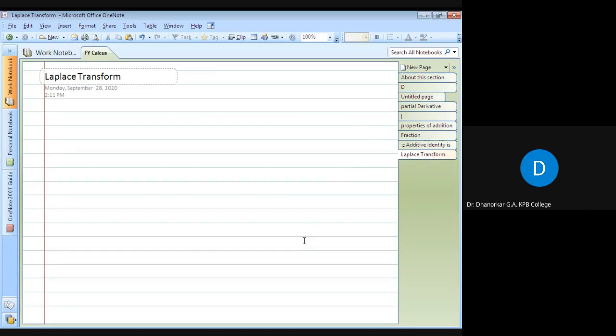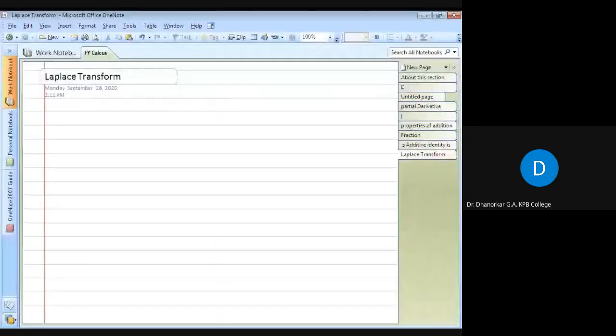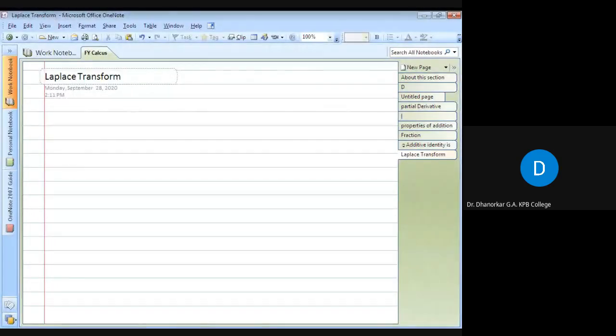In that, we have discussed three properties. The first property is linearity: Laplace transform of f of t and g of t, where alpha and beta are constants.